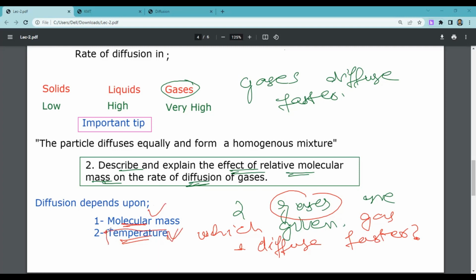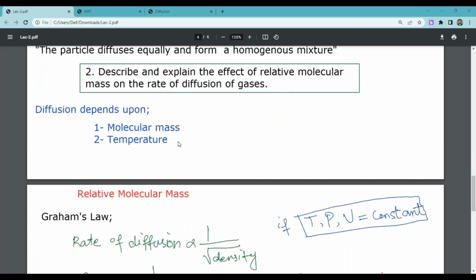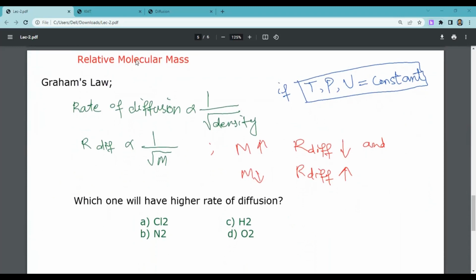Temperature is not asked in our syllabus here; molecular mass is asked. We will discuss temperature also very briefly. Now see what is the effect of molecular mass. Think for a moment, can a bulky man run easily or can a smart and thin man run easily?